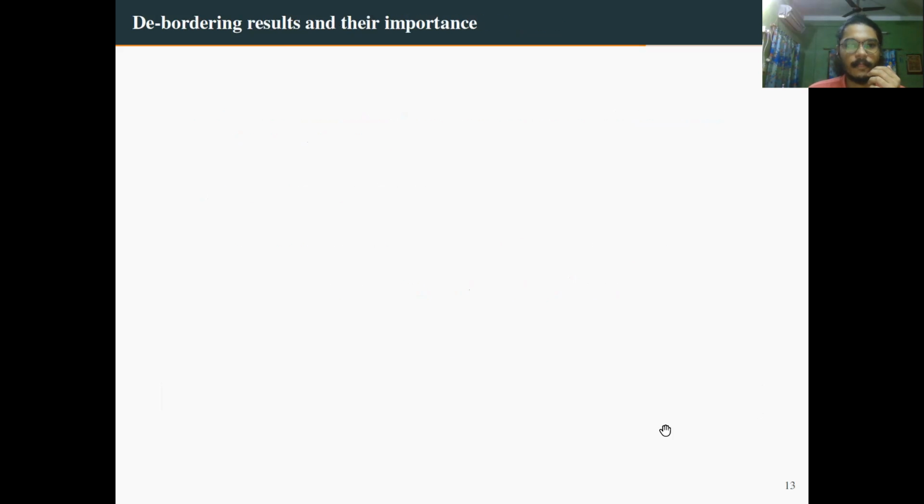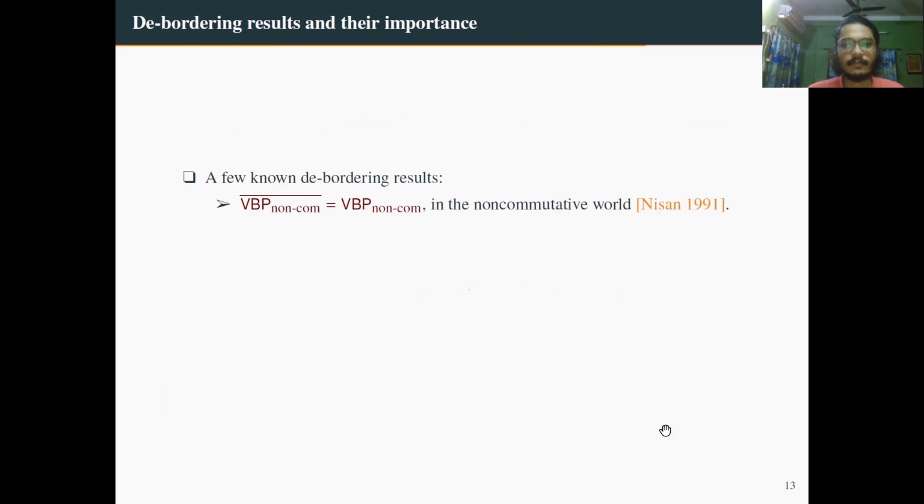Now, let's look at what results are known and why we are even looking at these different results. The first result known is due to Nisan back in 1991. It is known that VBP equals border VBP in the non-commutative setting. I have not defined what they mean by the non-commutative setting, but it is known.